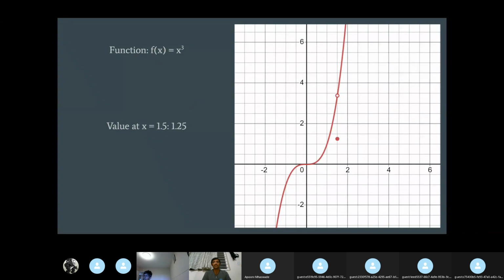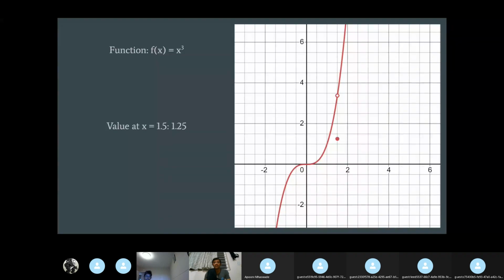2.25? Yeah. Why do you think 2.25? Because both sides are approaching it, even though it's undefined. Is it 2.25? Because it's f of x equal to x cubed, right? Oh, never mind, whatever 1.5 cubed is.